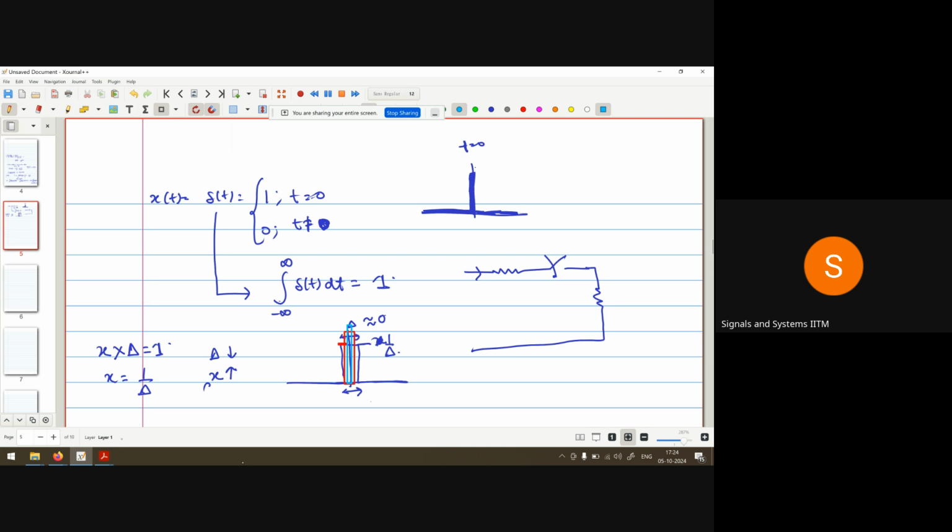So when I reduce the width, the height will increase. Why? Because the area under the curve is constant, and this is the main property of the impulse.